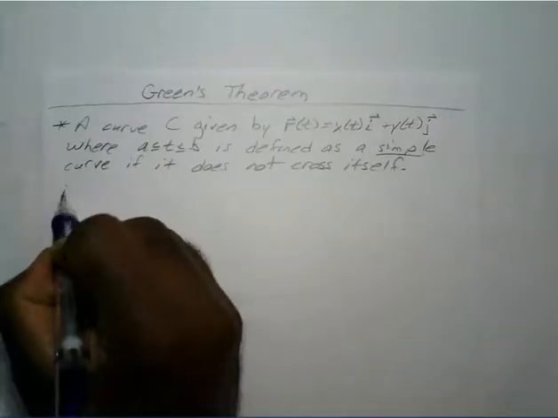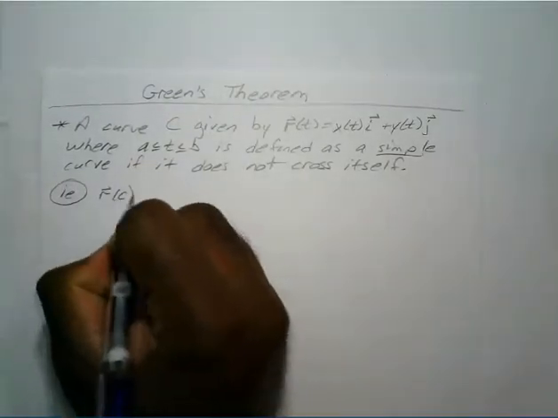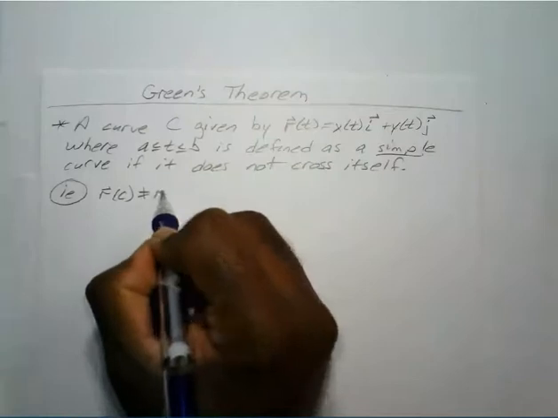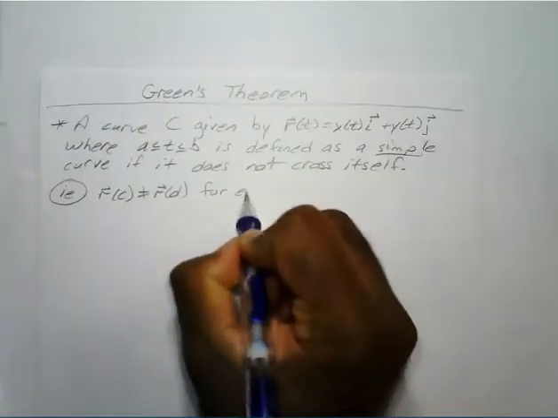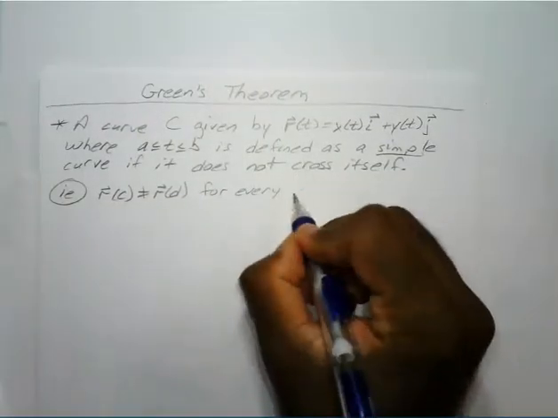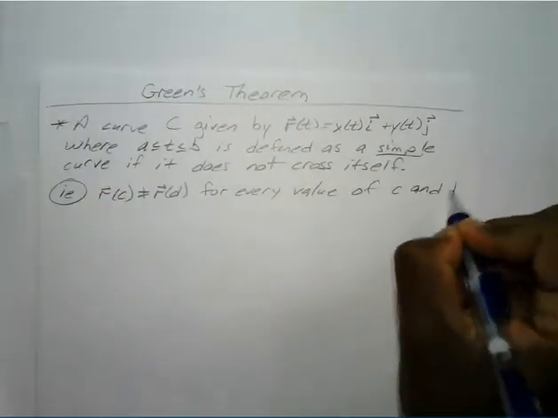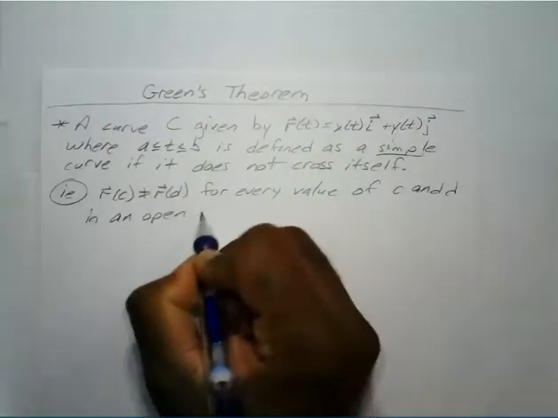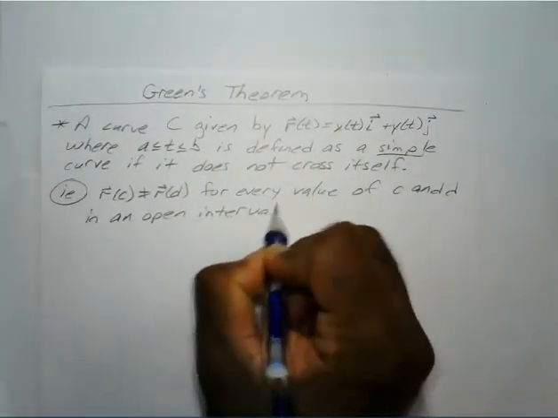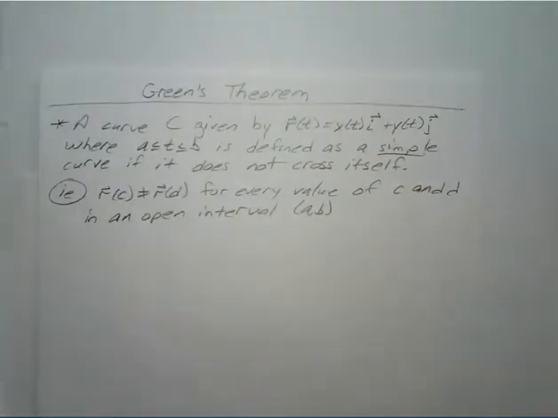So in other words, for some value c and some value d, they're never going to be equal, for every value of c and d in an open interval. And that open interval will be between, of course, a and b.